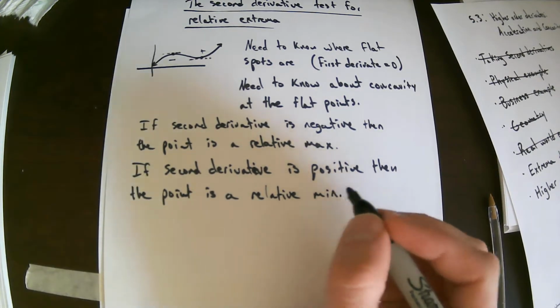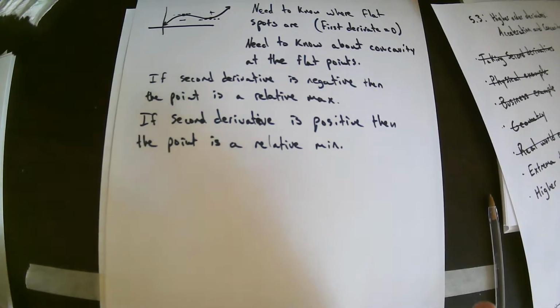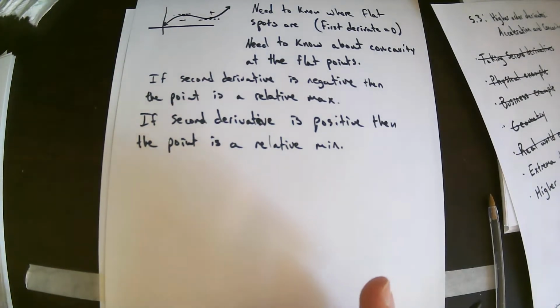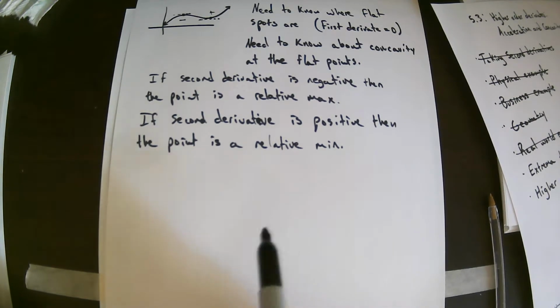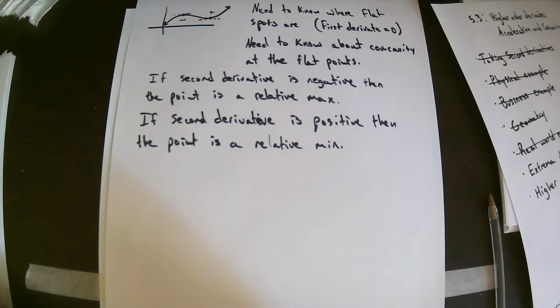By the way, if the second derivative at that point is 0, then the test is inconclusive. It doesn't tell you anything at all. It doesn't tell you if it's a max, min, or anything. So if you get 0 for this test, if you're testing one of these points and the second derivative is just 0 at that point, then it doesn't tell you anything.